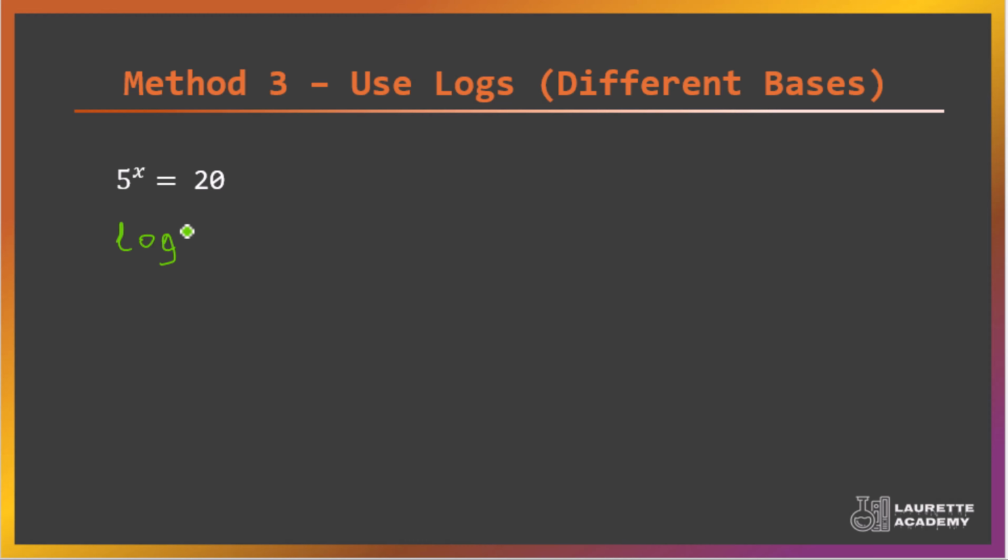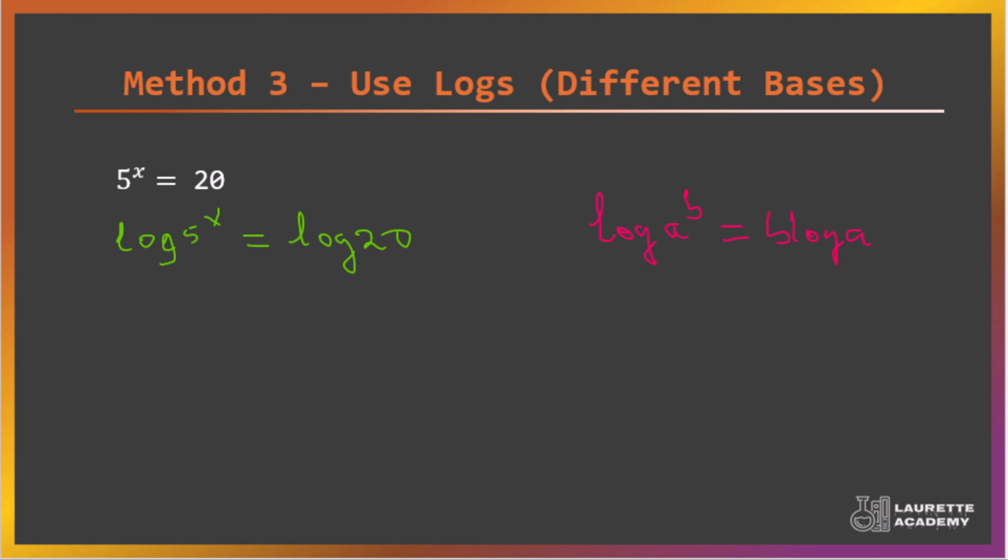I'm using base 10. Log 5 to the power x is equal to log 20. And when you have log a to the power b, this is the same as b log a.